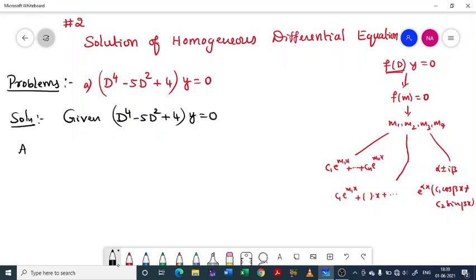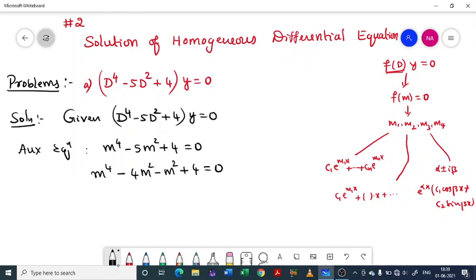Auxiliary equation is m power 4 minus 5m square plus 4 equal to 0. Now you have to solve this equation. This can be factorized by splitting: m power 4 minus 4m square minus m square plus 4 equal to 0.